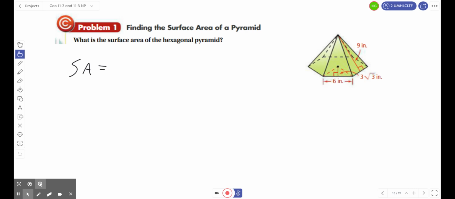So the surface area equals the number of faces times 1/2 the side length times the lateral distance, or the height of the triangles, plus the base area, and that'll be different depending on the shape.